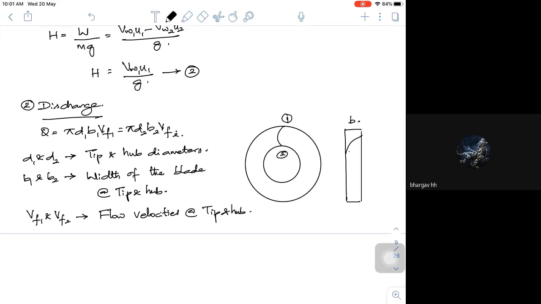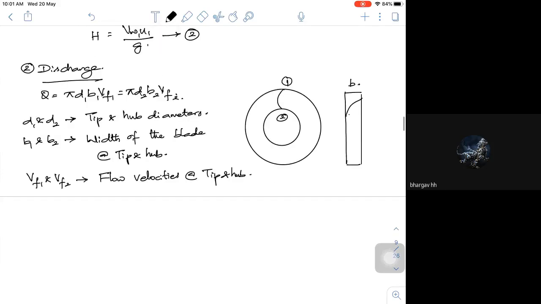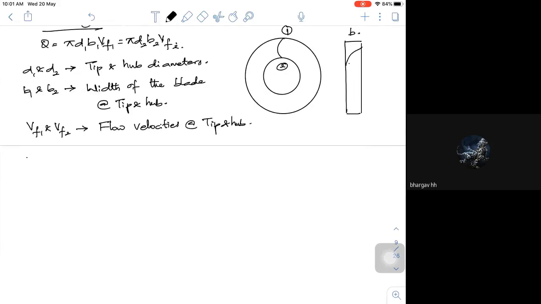And hydraulic efficiency. So the third type of expression we have to look at is the hydraulic efficiency. So what is this hydraulic efficiency, or vane efficiency? It's given by the work done by the net head, the head available. What is the energy available?